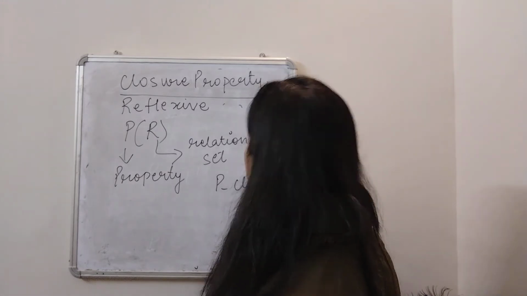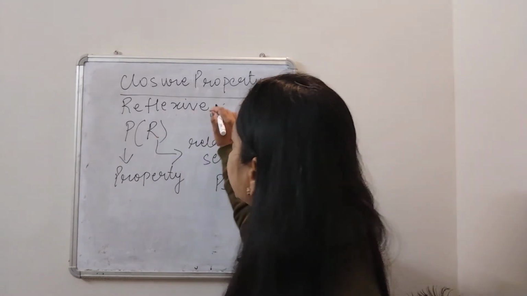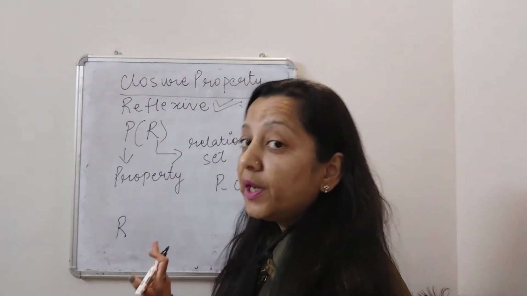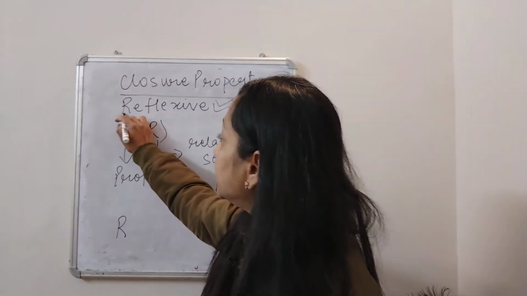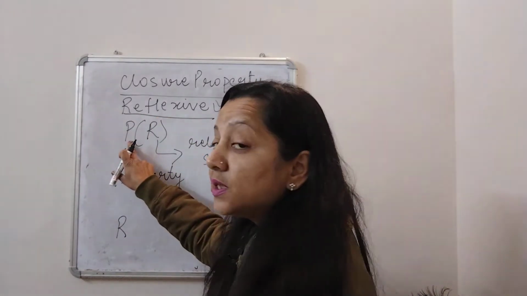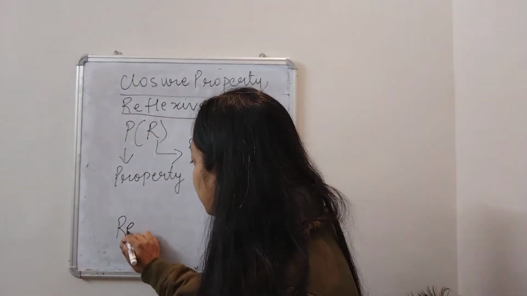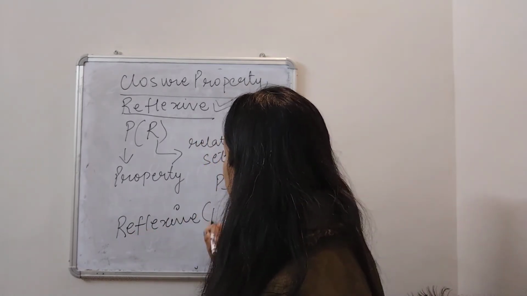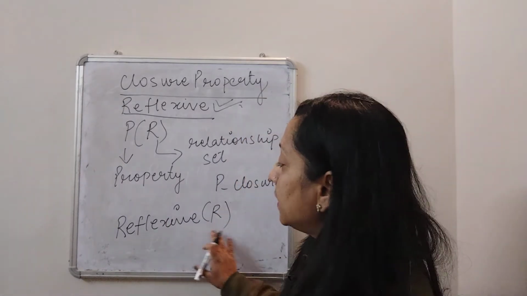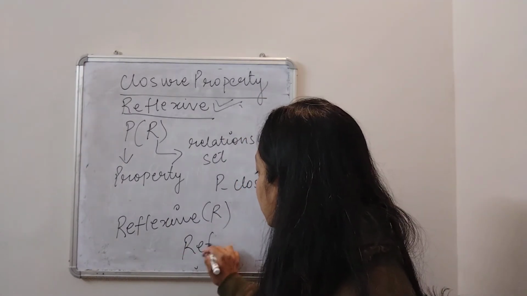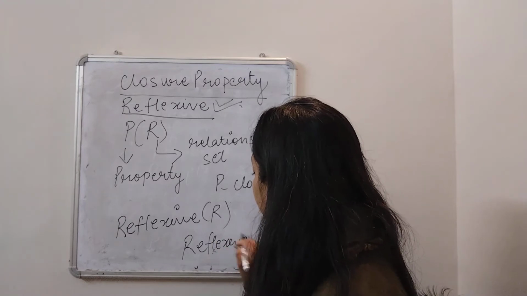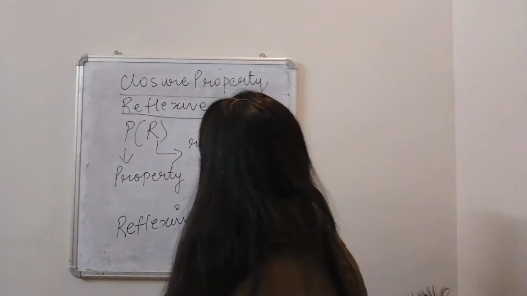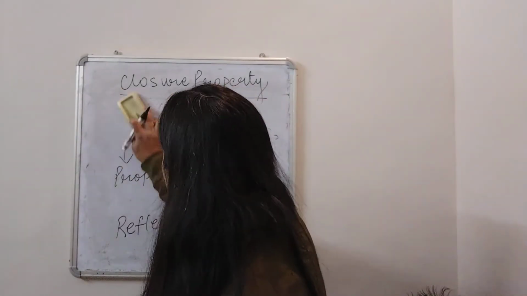So if the relationship is reflexive, what is the property in this case? The property is that it is reflexive. Since P represents the property, instead of P we can write reflexive. And what is the name of the relationship? R. So we can write reflexive R. We can call it the reflexive closure.